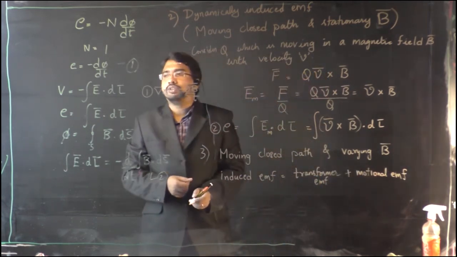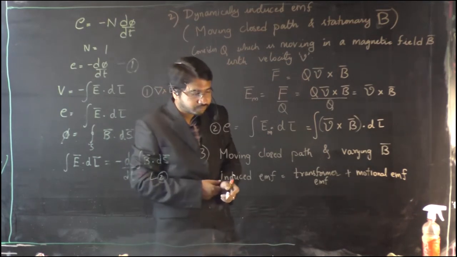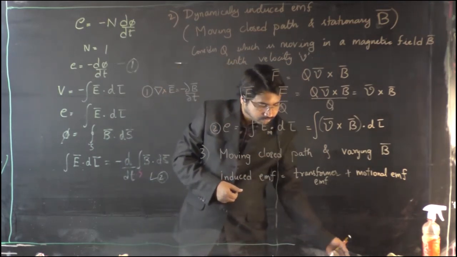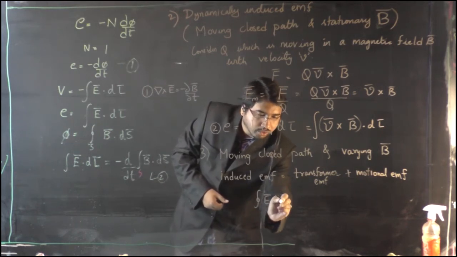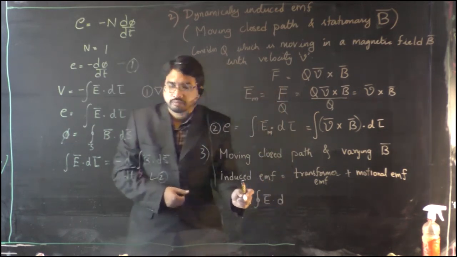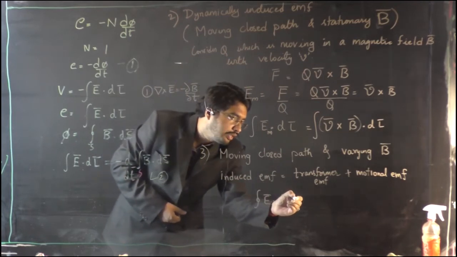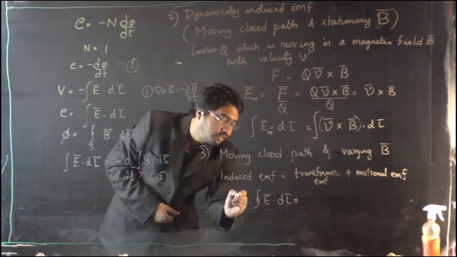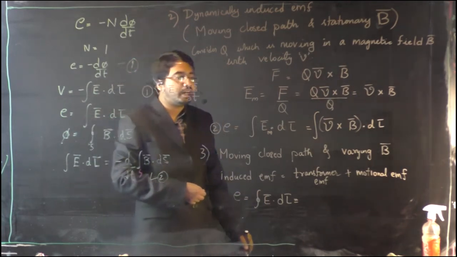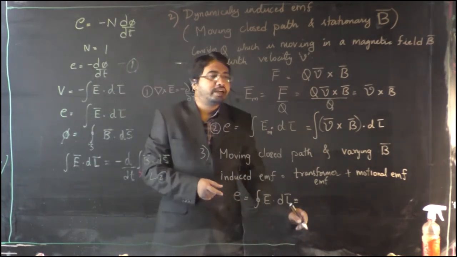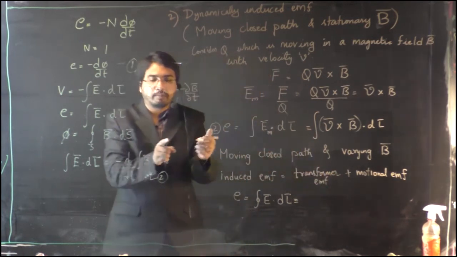So your total induced EMF will be equal to integral E bar dot dl bar, that is nothing but the induced EMF. Induced EMF E equal to integral E bar dot dl bar equal to what is the magnitude of the transformer EMF?